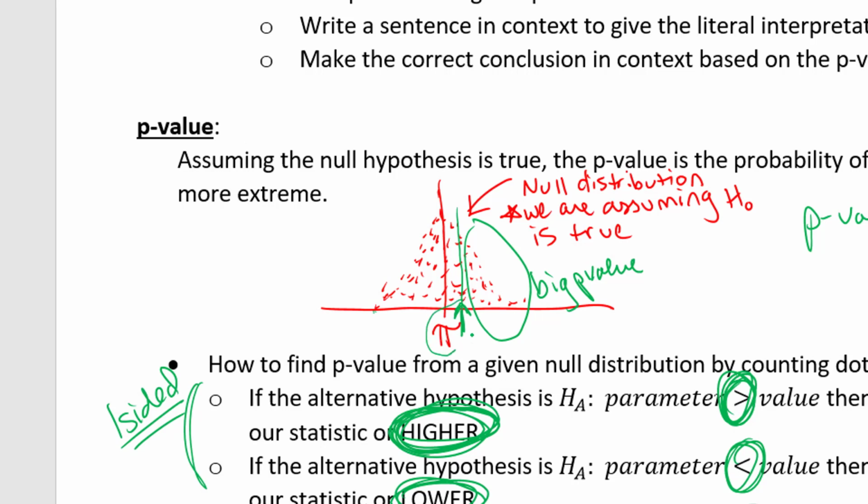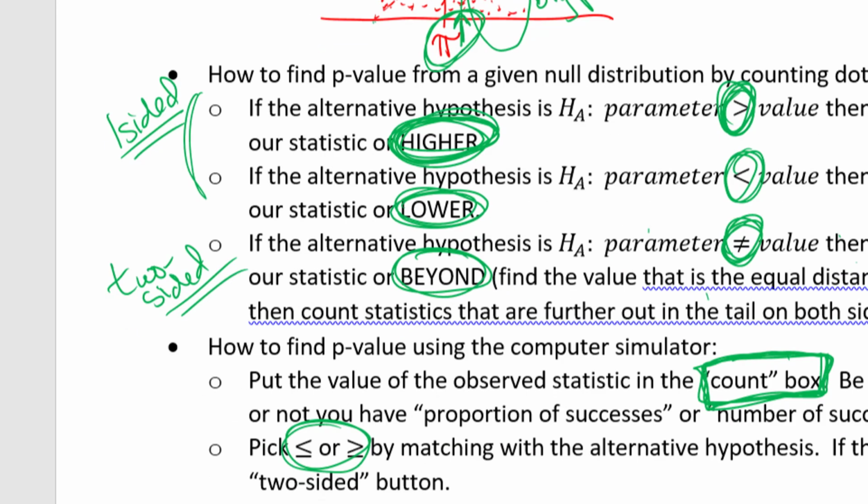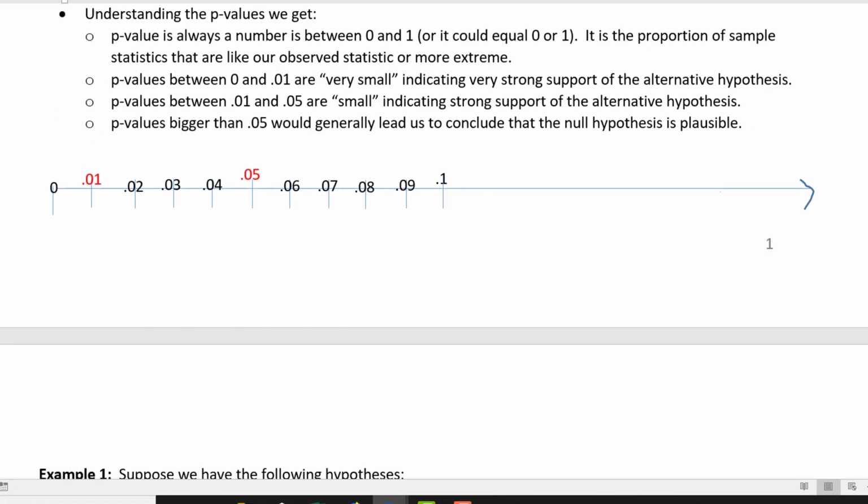Look how close my sample statistic is to the hypothesized value of pi. Seems like that pi hypothesis could be plausible. Big p-value means our null hypothesis is plausible. Small p-value means we have a lot of evidence against the null hypothesis, a lot of support for the alternative hypothesis.